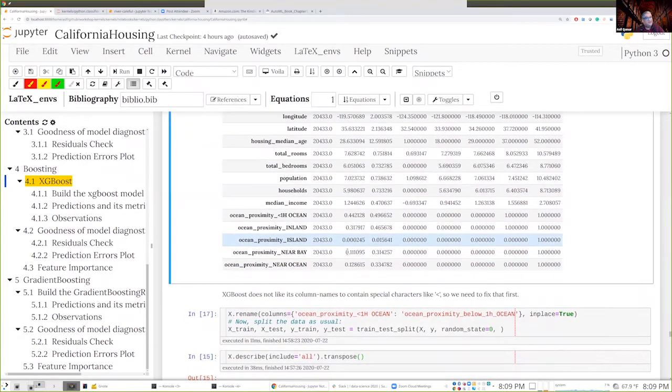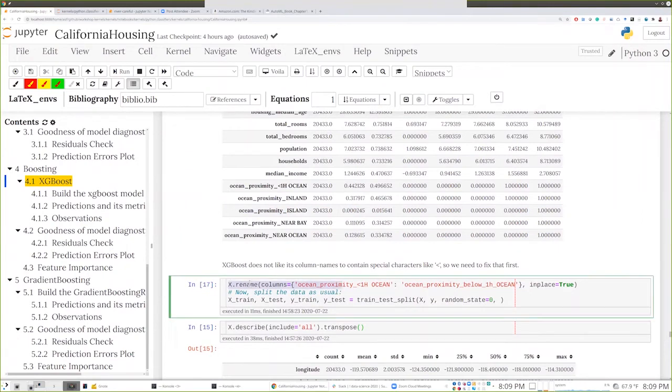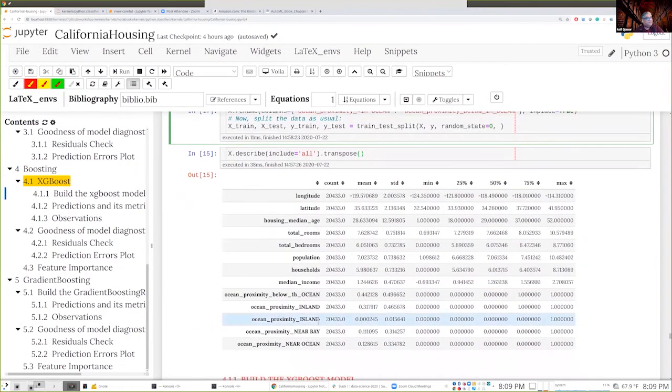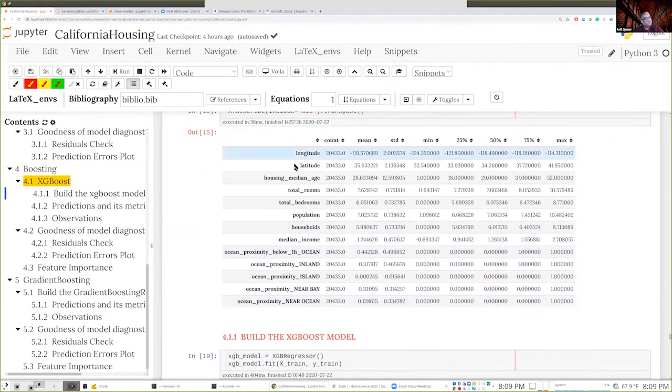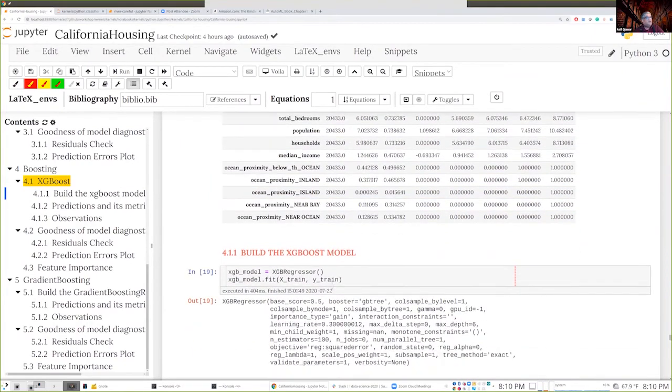So one of the things you'll have to do, especially for it, is you notice me renaming ocean proximity less than 1 hour from ocean to something else that doesn't have the special symbols. Once you do that, you do the normal train test split. You notice that there are no special characters in the names. Once you are there, then you do the same thing.